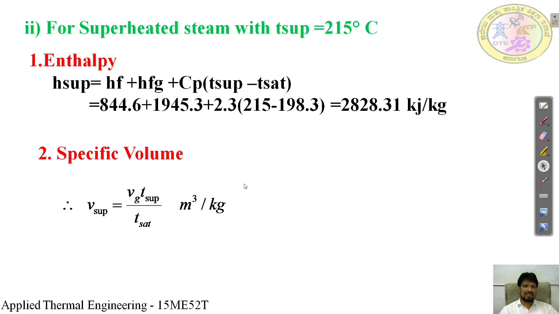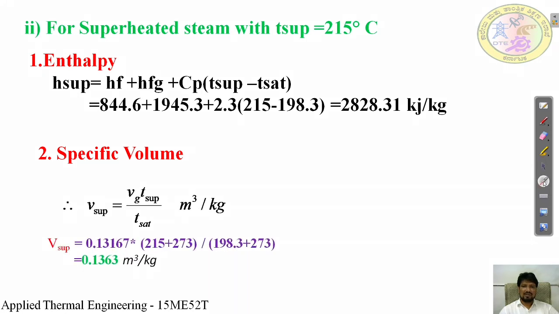The second one is specific volume. Here, the specific volume of superheated steam: we know the formula, Vg into T superheated divided by T saturated. Here the Vg value is 0.13167 into T superheated, given in the problem as 215, add 273 to convert into Kelvin, divided by T saturated from the steam table, 198.3, plus 273, converting into Kelvin.